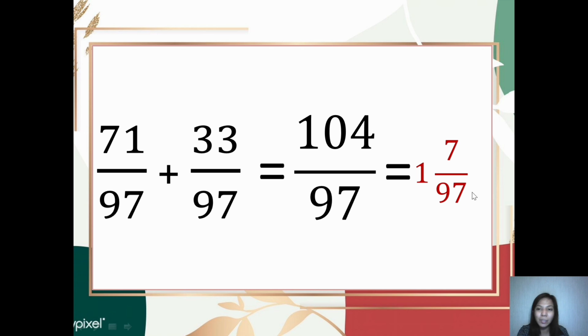So can we divide anything in 7 and 97? Okay, nothing. Because 97 is a prime number, 7 is a prime number. So there is no number that can divide both 7 and 97. Okay? So 1 and 7 over 97 is our final answer.